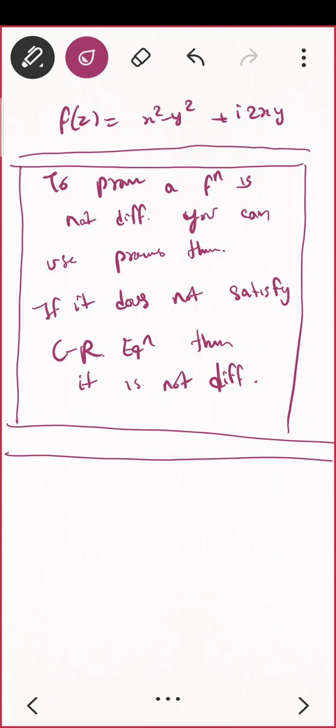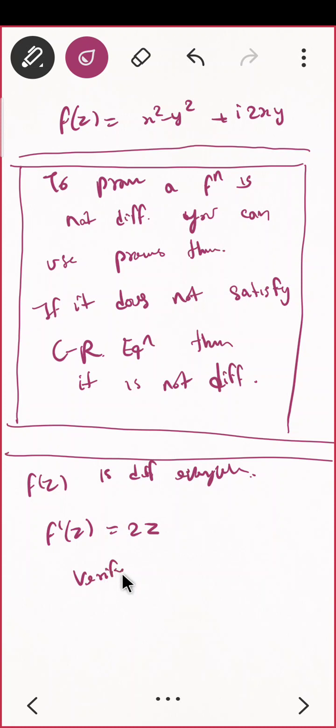Now let us check. Suppose I am giving a function f of z and I am saying that this function f of z is differentiable everywhere, and f dash of z is 2z. Verify CR equation. So in this case, I am telling you this is differentiable and the derivative is 2z.